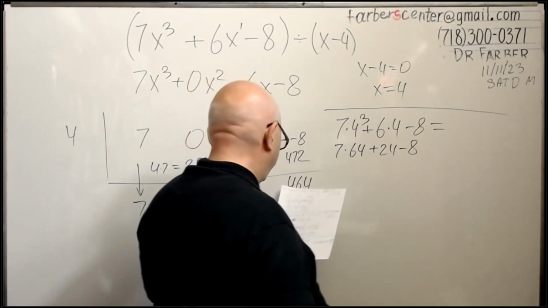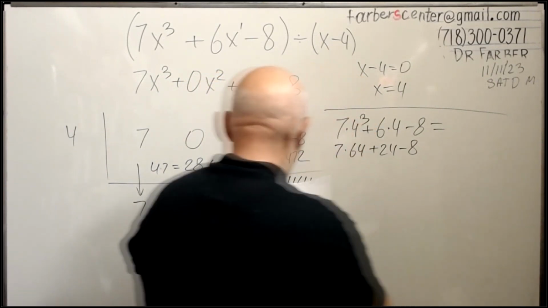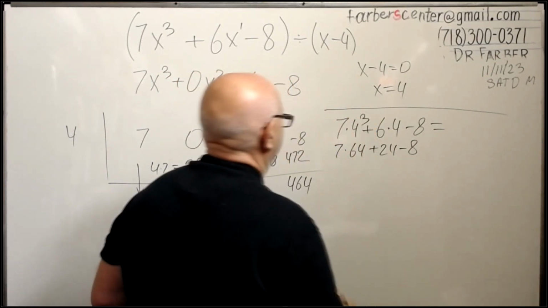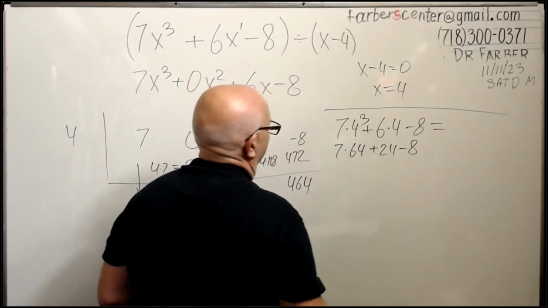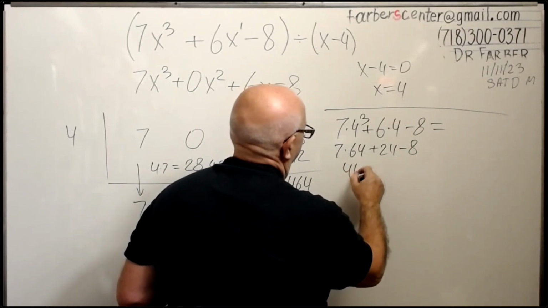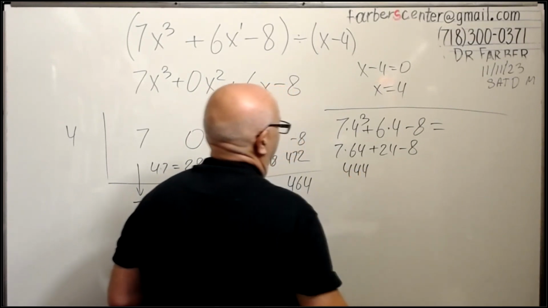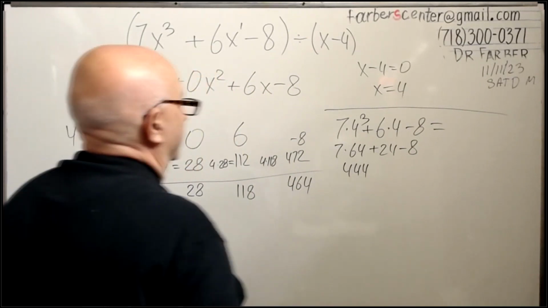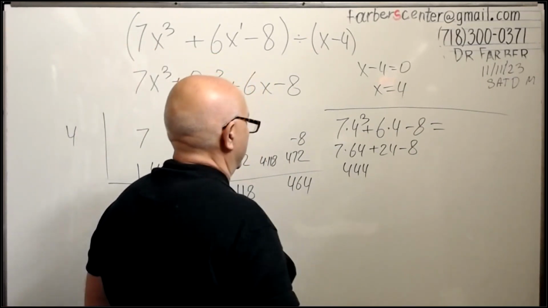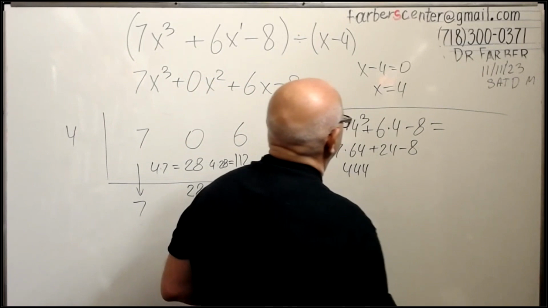If you multiply this, 420 plus 28 is 448; 448 plus 24 is 472; 472 minus 8 is 464.